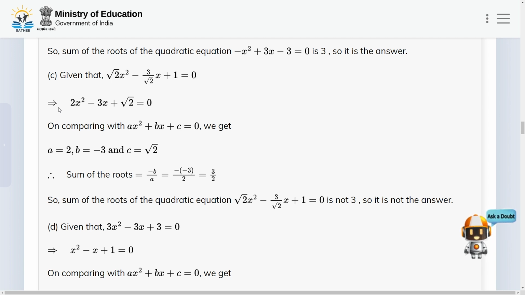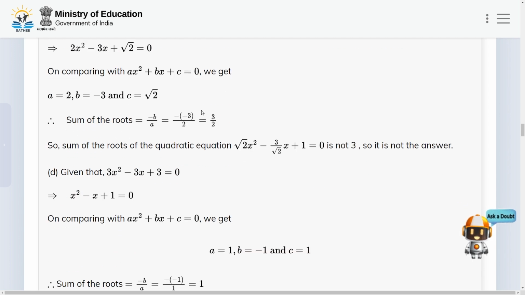Comparing with ax² + bx + c = 0, we get a is 2, b is −3, c is √2. Therefore the sum of roots is −b/a, which is −(−3)/2, and this is 3/2. So the sum of the roots of this equation is not 3. Okay, so it is not the answer.